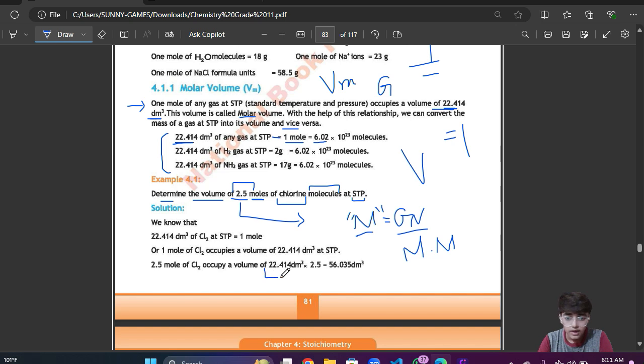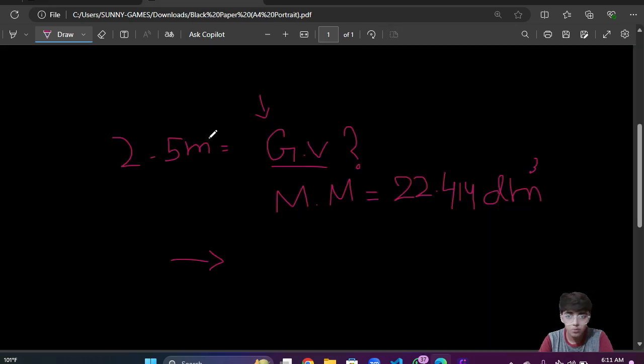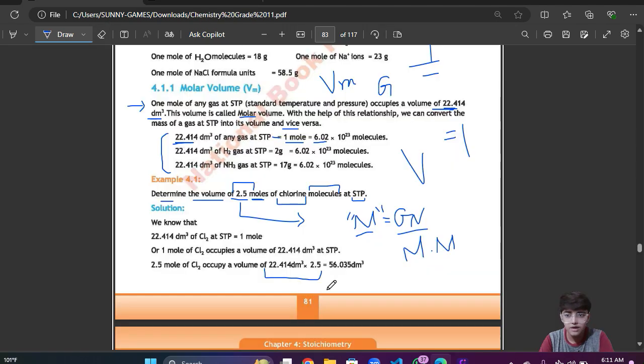As we multiply them both, like cross multiplication here, then we will have the answer as 56.035 dm cube. The unit will always be dm cube, because we are always dealing in a third dimension. Again, it is not about physics, but it is about volume, and volume is like length into breadth into height.